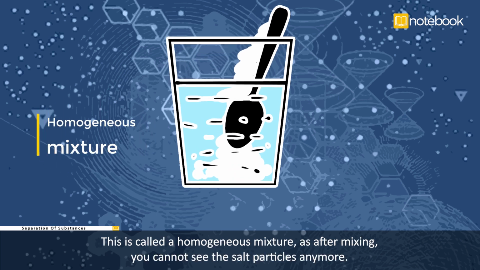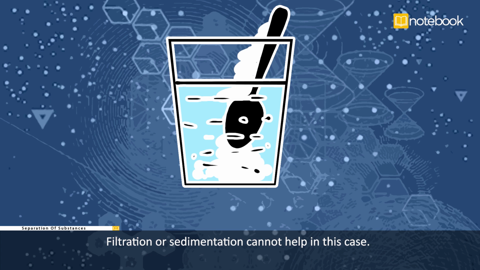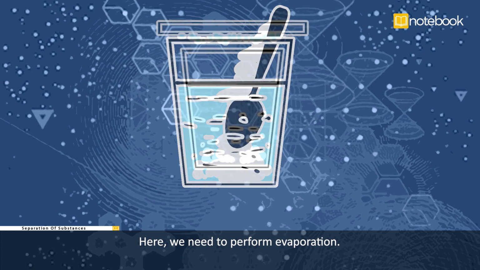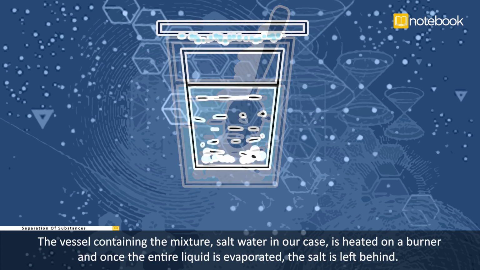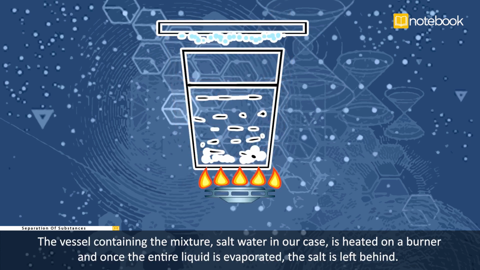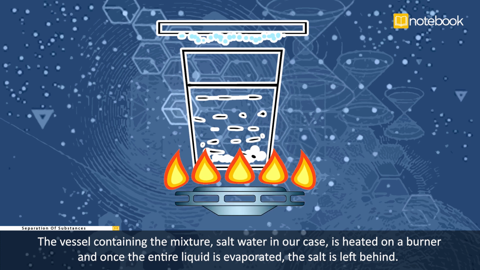This is called a homogeneous mixture, as after mixing, you cannot see the salt particles anymore. Filtration or sedimentation cannot help in this case. Here, we need to perform evaporation. The vessel containing the mixture, salt water in our case, is heated on a burner, and once the entire liquid is evaporated, the salt is left behind.